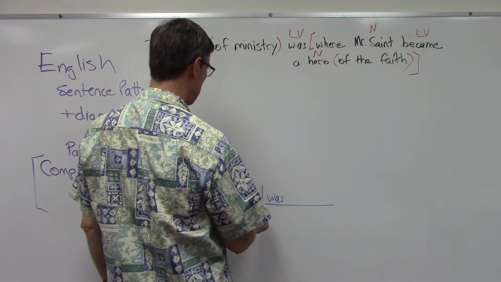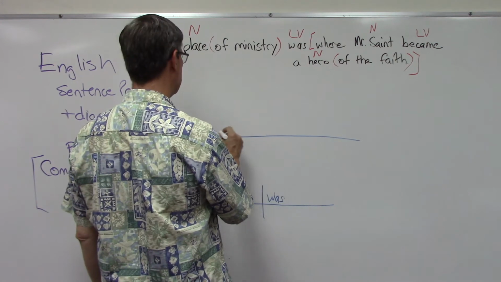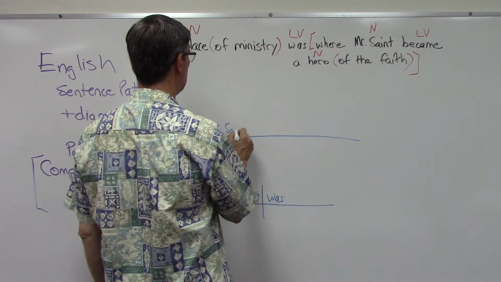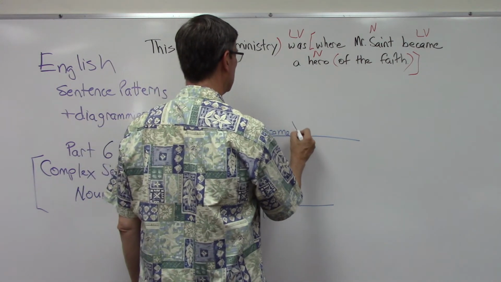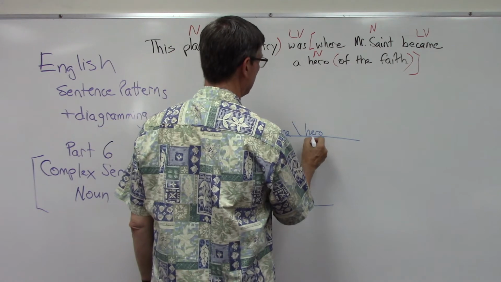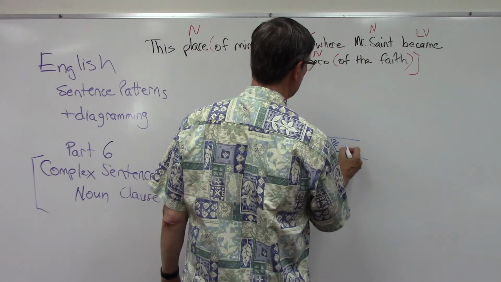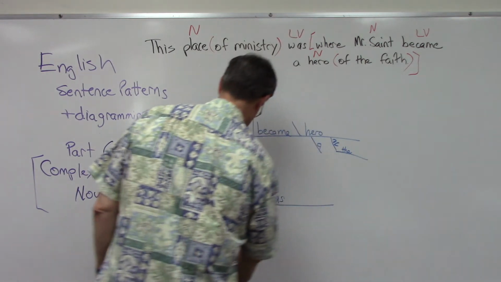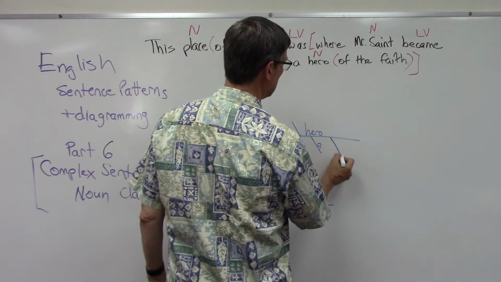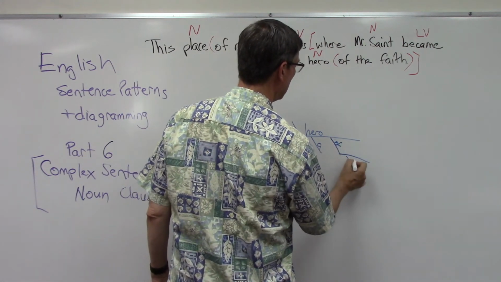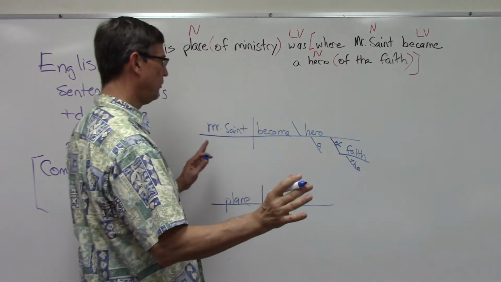Now up here, we want to say Mr. Saint became a hero of the, whoops, I did that wrong. You probably caught that as soon as I did it. Of the faith. Okay, everybody cool so far? You understand that?